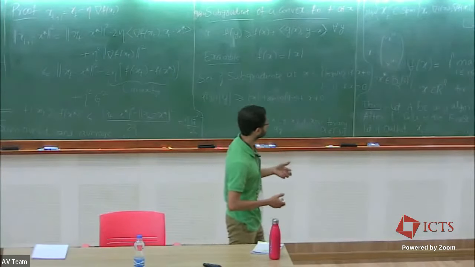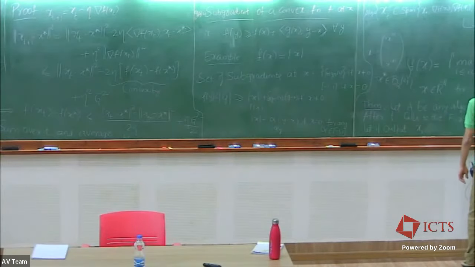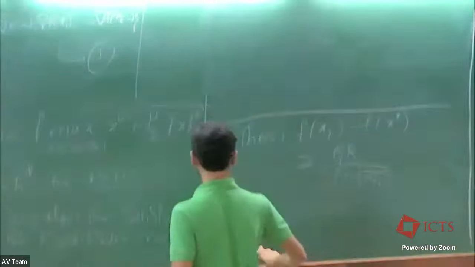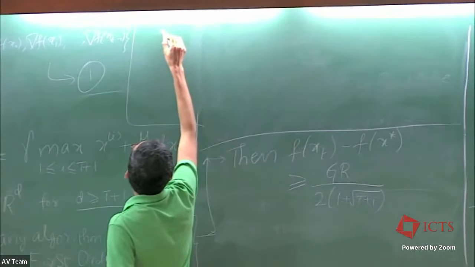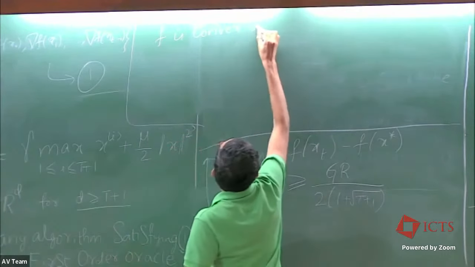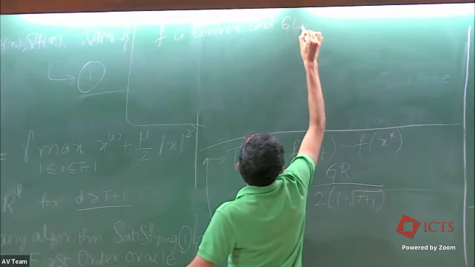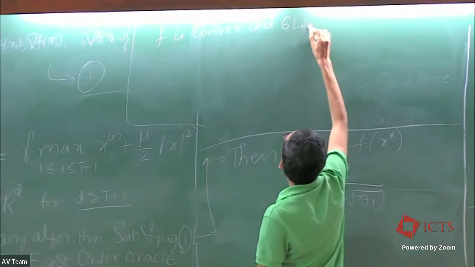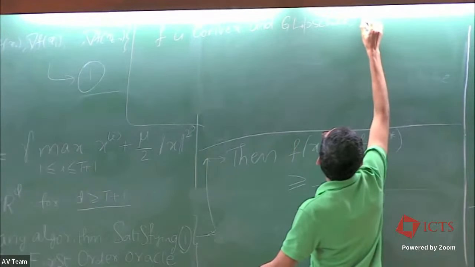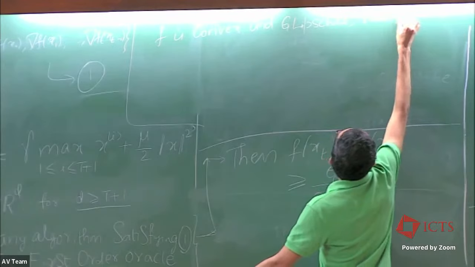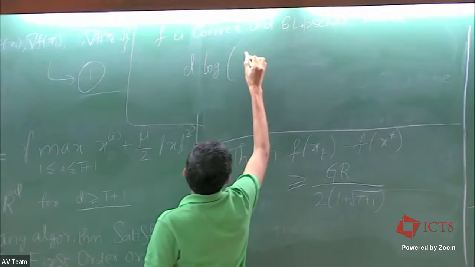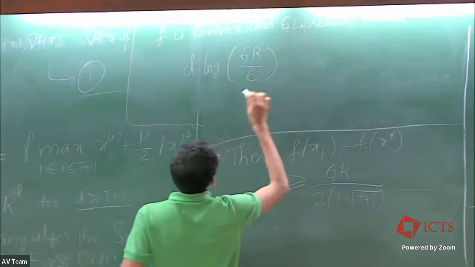Okay. And there are these cutting plane methods. So in terms of oracle complexity, there are these center of gravity method and so on, which tell you that F is convex, and G-Lipschitz, meaning the norm of the gradient is bounded by G, in a ball of radius R. So center of gravity method requires these many queries to the gradient, d log, to output an epsilon optimal solution.